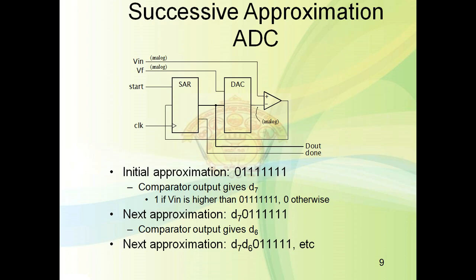According to that, the successive approximation register will work. So it will work from the D7 bit, D6 bit, likewise going towards the D0 bit.